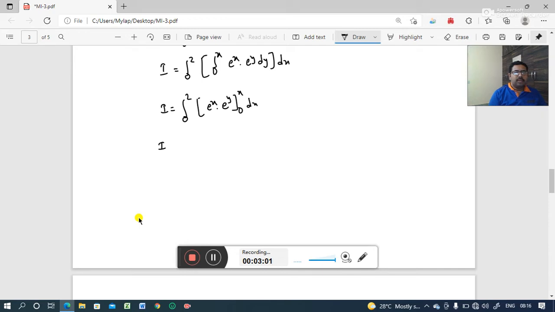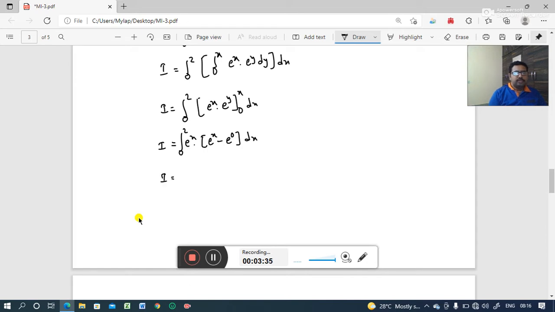Now let us apply the limits. e power x is constant, integral 0 to 2. In place of y you are keeping the upper limit x, therefore e power x, minus e power 0 from the lower limit 0, into dx.